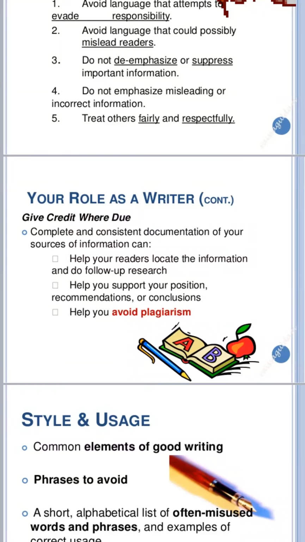It also helps you support your position, your recommendations and your conclusions. And this will also help you not to copy others, but to create your own writing. You will not plagiarize someone.